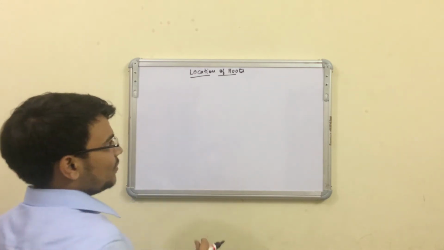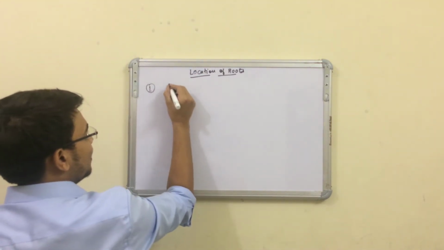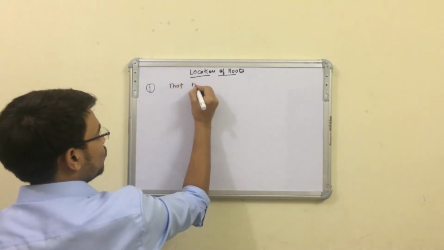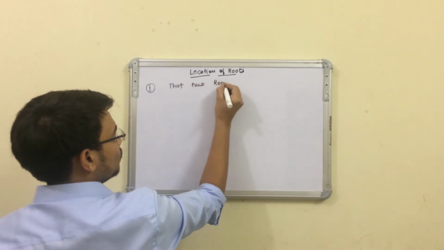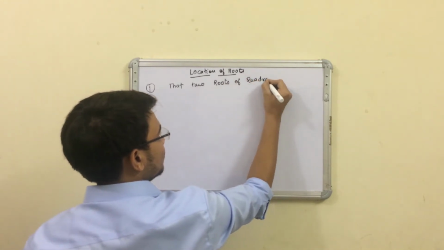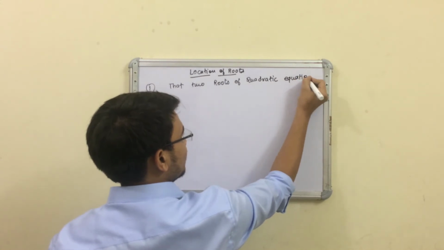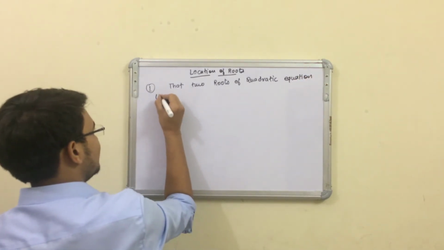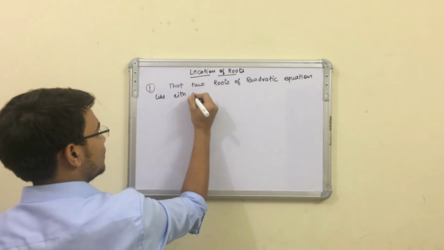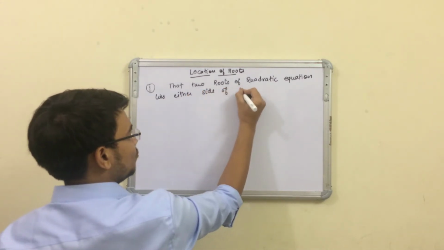The first condition given is that two roots of a quadratic equation lie either side of unity.